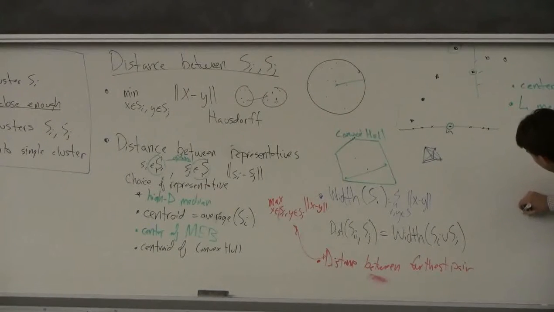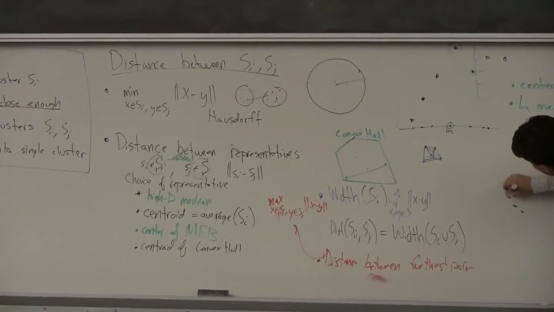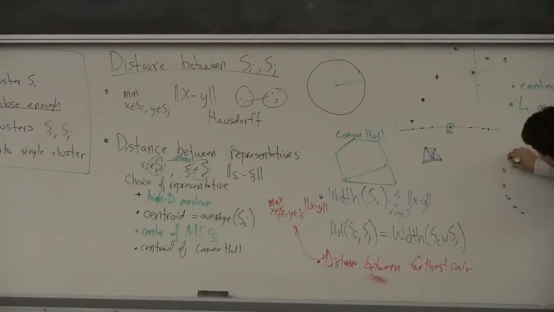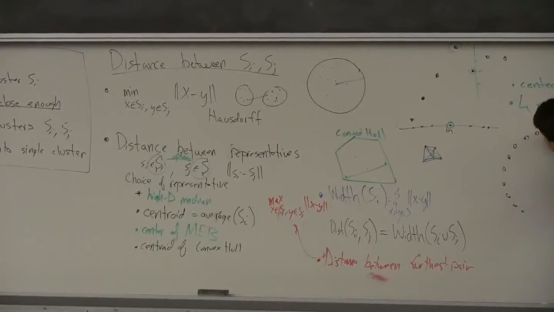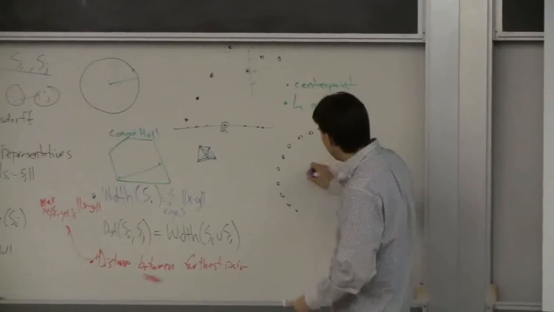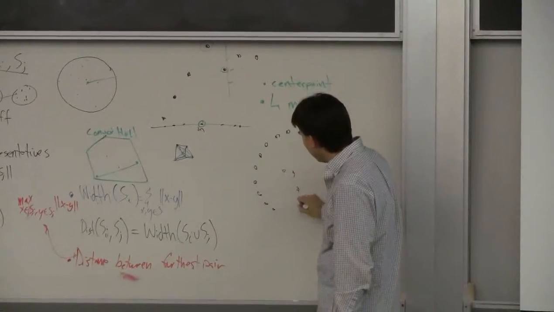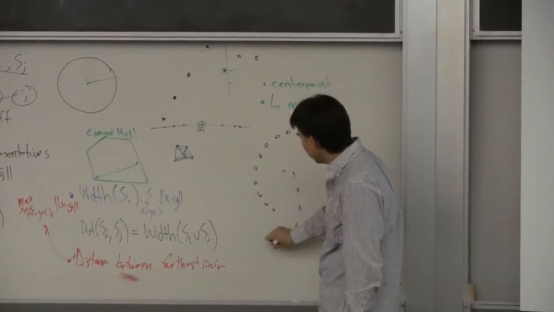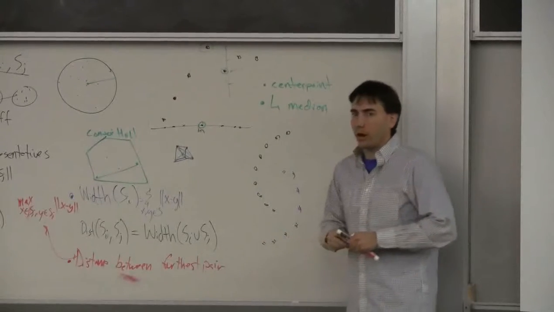So there are these examples where you can get one point set that looks like this, and another point set that looks like this.